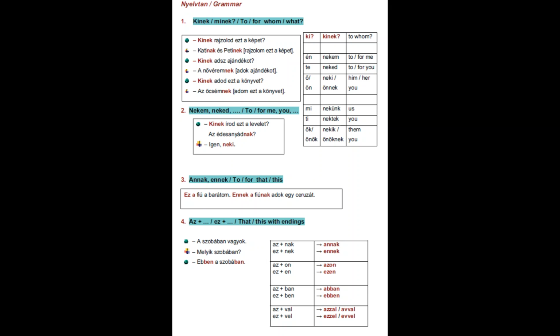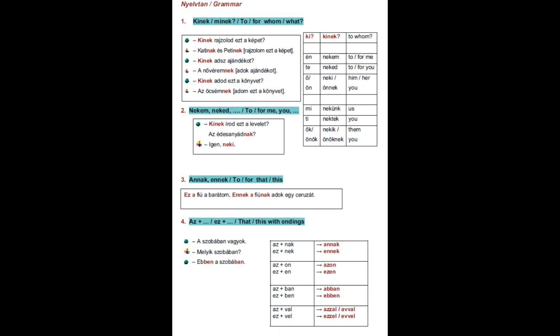Do you remember what the bun ending is, right? The bun in the oven? The bun. So szobában, bun is inside, all right? That it's already inside. Bent is also inside, but when you use it at the end of a sentence, it's bon. A szobában vagyok. I am in the room.